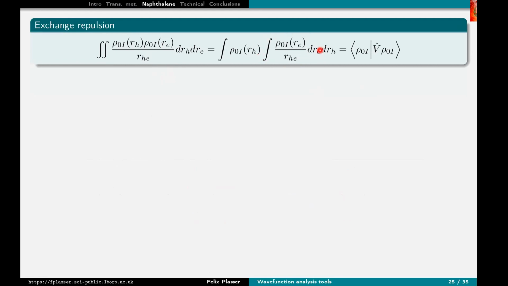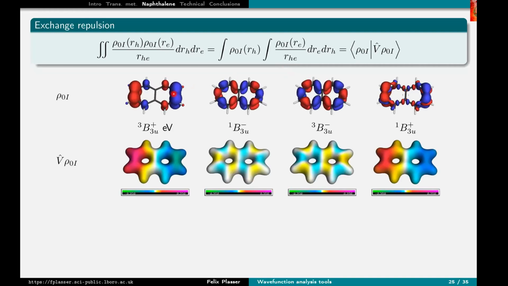We do this integral first, which is the electrostatic potential induced by the transition density. So now we have our transition densities here, which is this term, and the electrostatic potential induced by the transition density down here. And then, to give you a quick idea, we can see the minus state only has a very little bit of electrostatic potential because this thing cancels out.